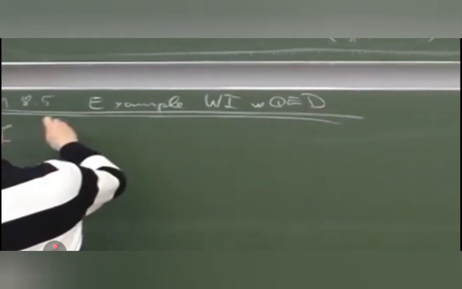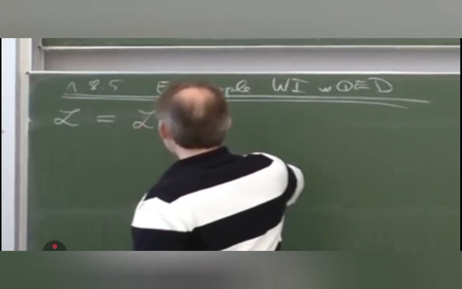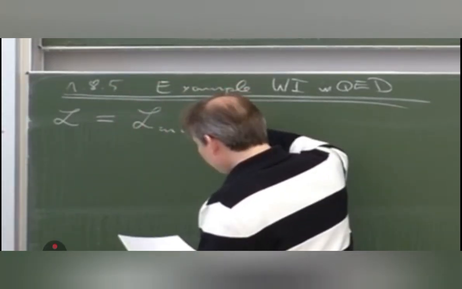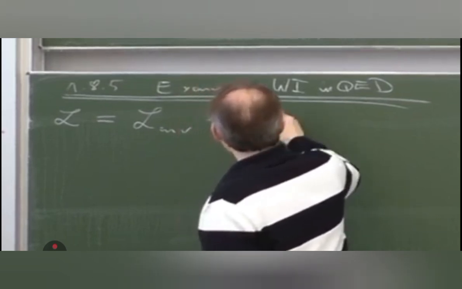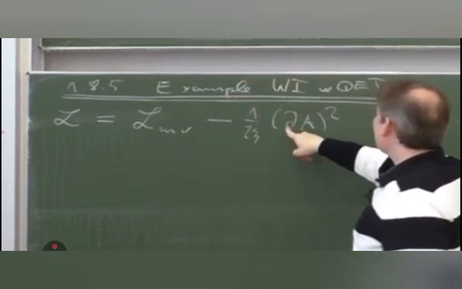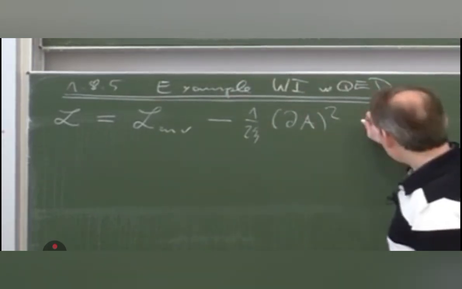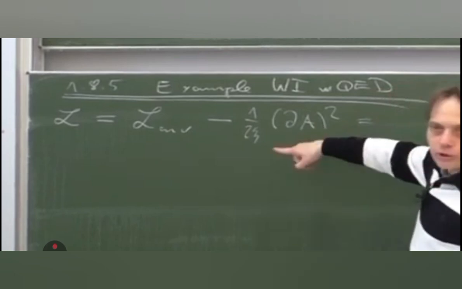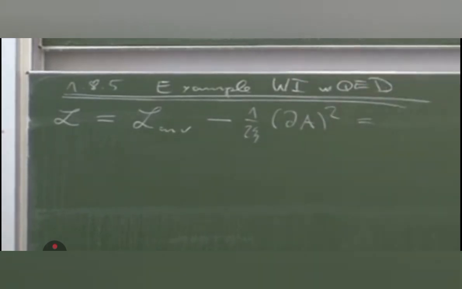So anyway, the QED Lagrangian now contains a gauge invariant piece plus a gauge fixing term. The gauge fixing term is minus 1 over 2 psi times (d_mu A^mu) squared. This was already used in the Dyson-Schwinger equation, but we didn't talk about it because we didn't discuss gauge invariance.